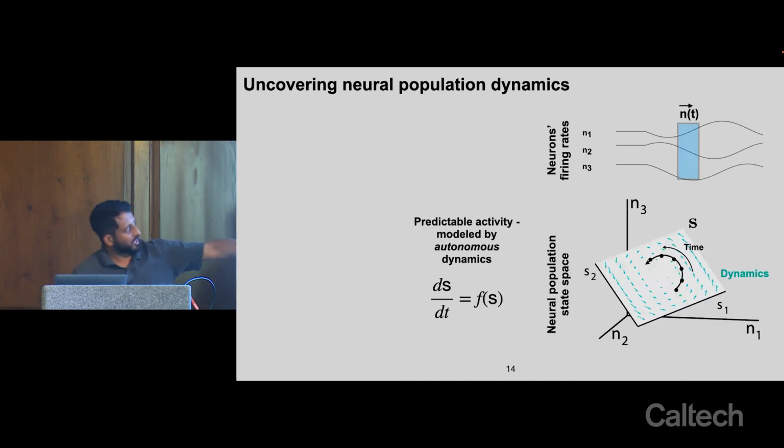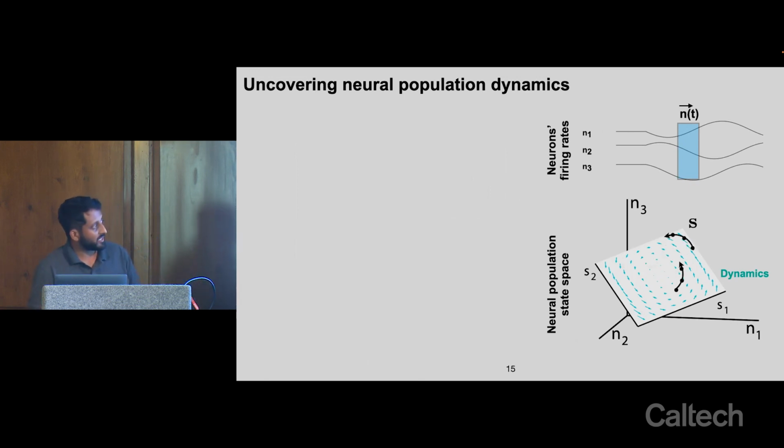So let's go back to our state space view, where we've said that oftentimes activity is predictable and can be modeled by these autonomous dynamics. What about cases when activity is not predictable? We have some prediction based on the vector flow field, and then all of a sudden the activity jumps out. From the dynamical systems view, that represents a case where there's maybe been an input to the system.